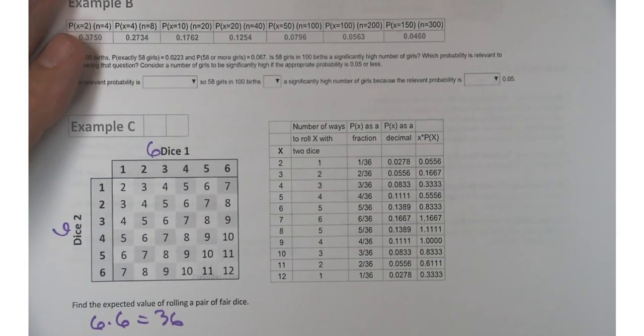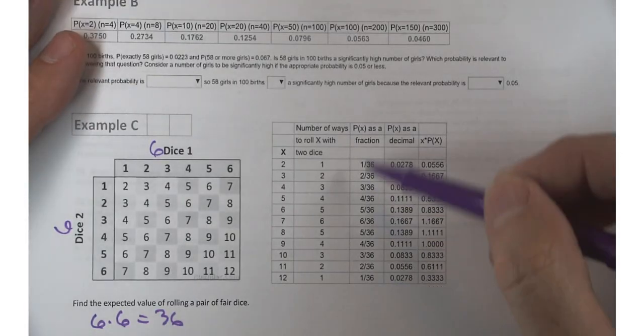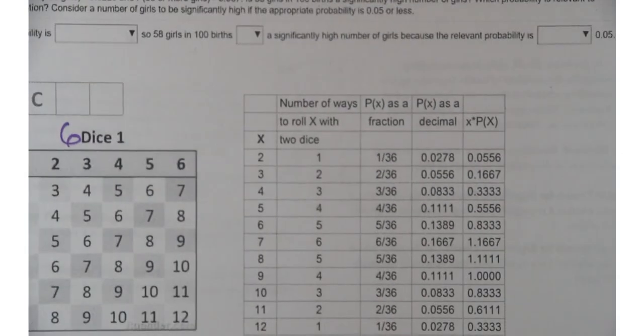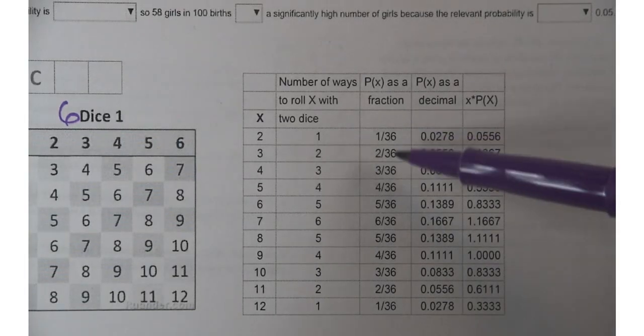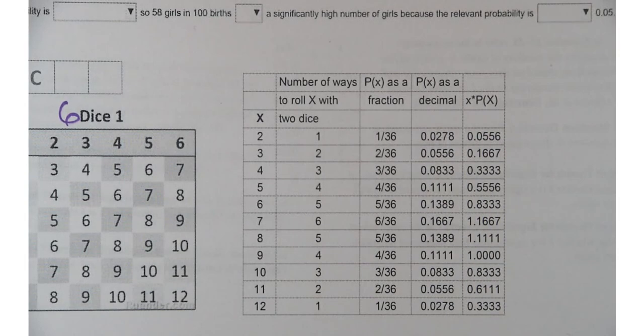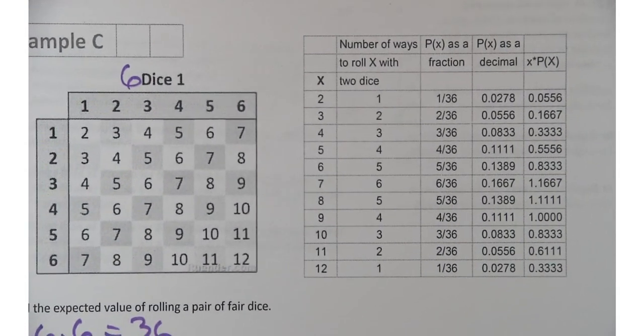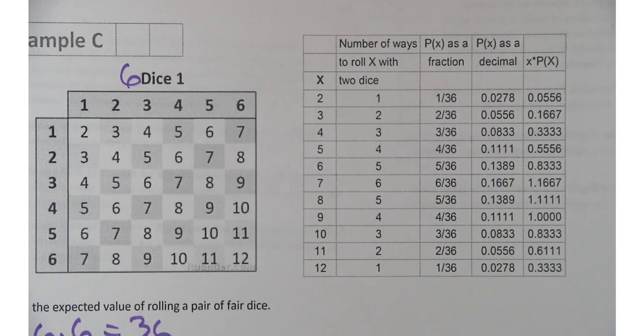Now the probabilities are already listed for you here, and I've got them listed in a couple different ways. Google Sheets doesn't really understand fractions, although I did write them in as fractions. What do you think is the most likely roll when you're rolling a pair of dice? What's going to come up most often?